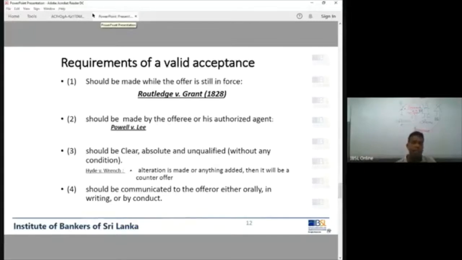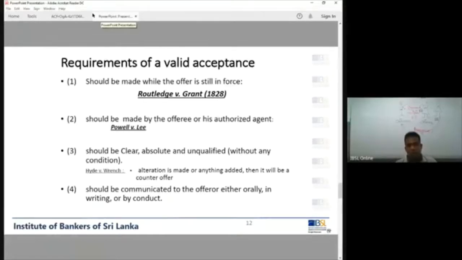You can't say, I accept your offer if you stop smoking, or if you stop taking liquor. That's a condition. A boy making an offer to a girl, and the girl says, I like to accept your offer. That means not accepted yet, because it is not clear or absolute.